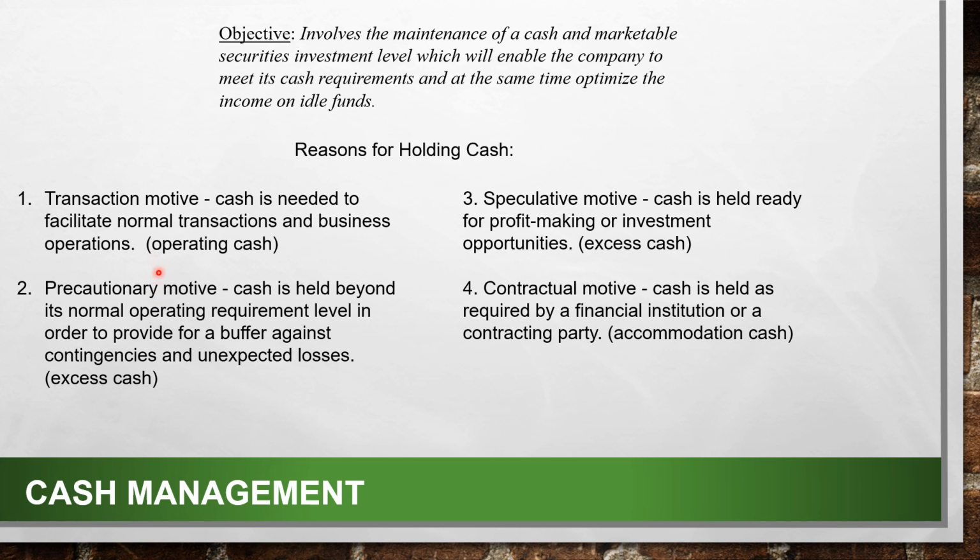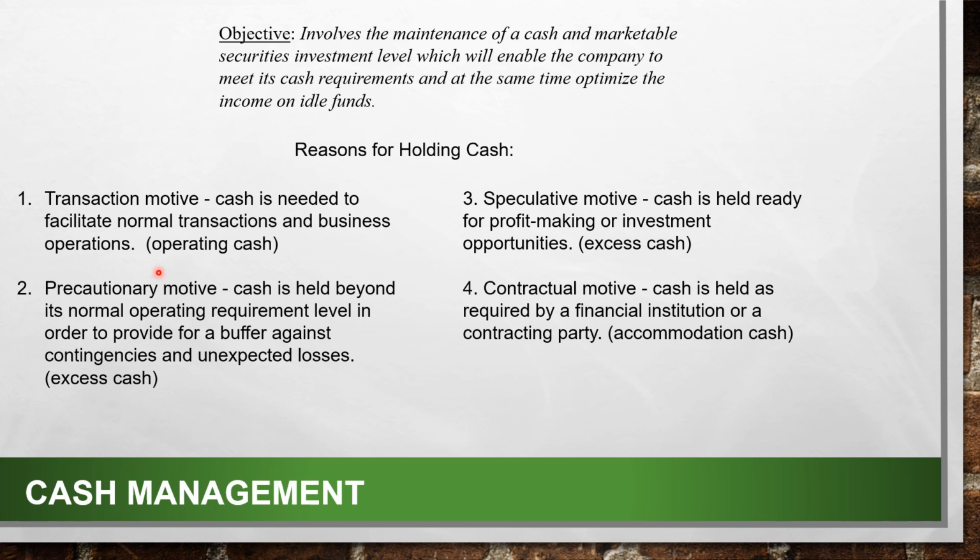For example, if there is an unexpected delay in the collection of accounts receivable or a sudden increase in the cost of materials, there is a buffer or a cushion of cash, no? We call that, in our personal lives, the emergency fund. We keep cash for emergency purposes.